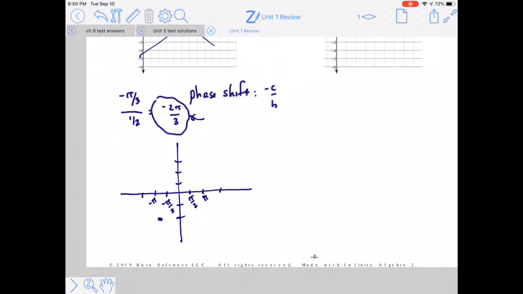So the technique described in section 2.7 is to consider a shift of axes. So rather than the origin at 0, 0, you can consider a new set of axes with the point negative 2 pi over 3, comma negative 2 as the origin.